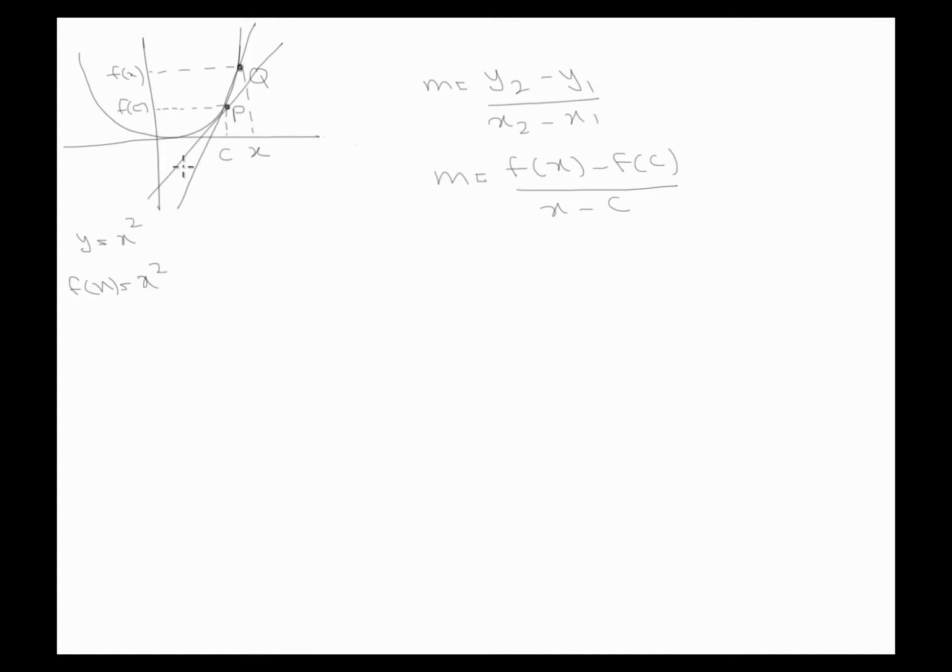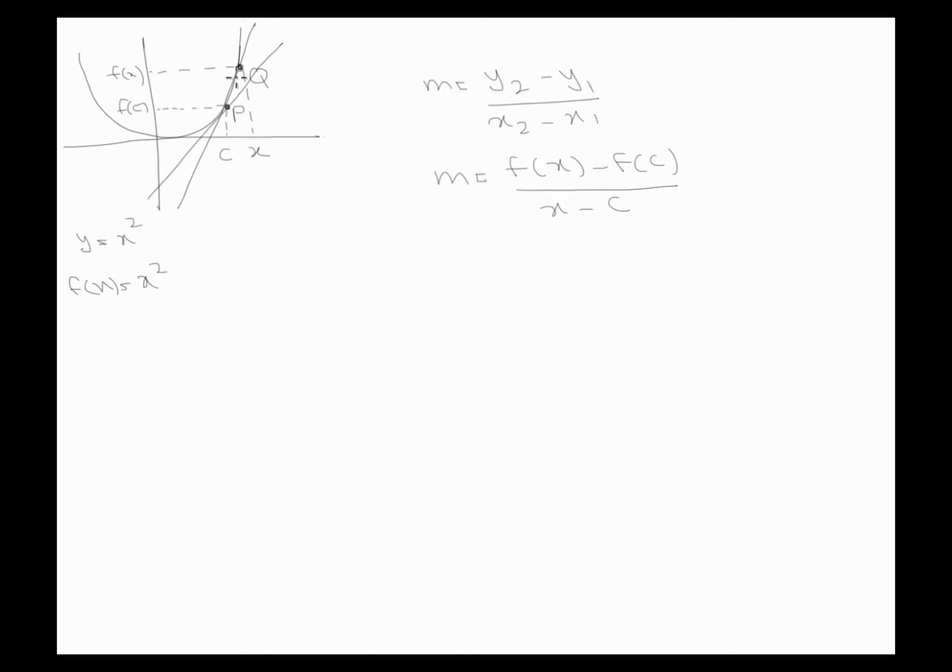Okay, so that's the gradient of PQ. Now what we know is if these 2 points become closer and closer, then this is basically going to become pretty much the same as the gradient of the tangent.